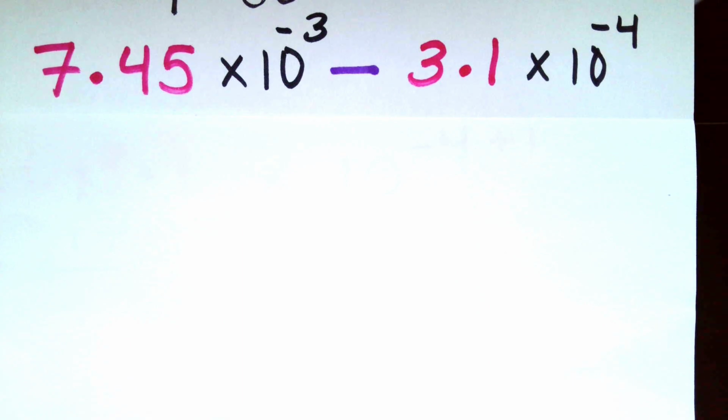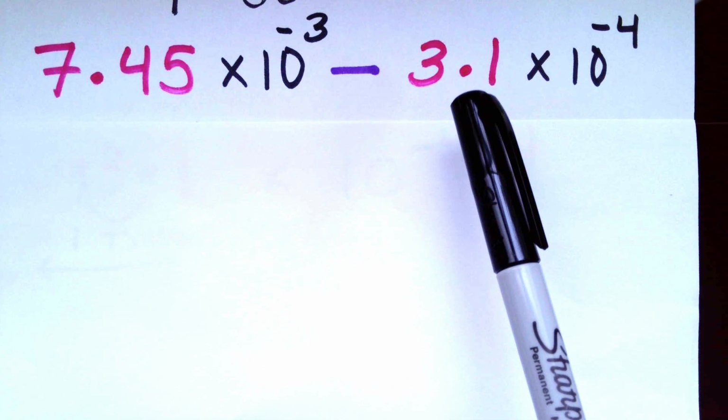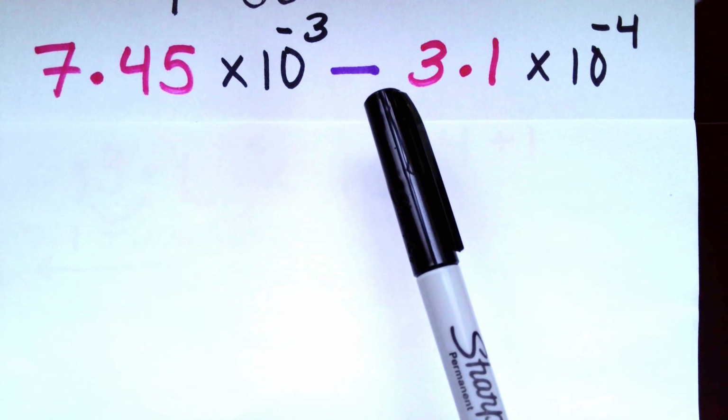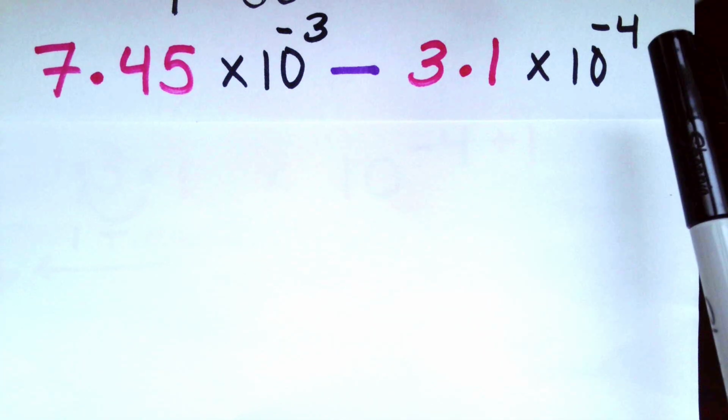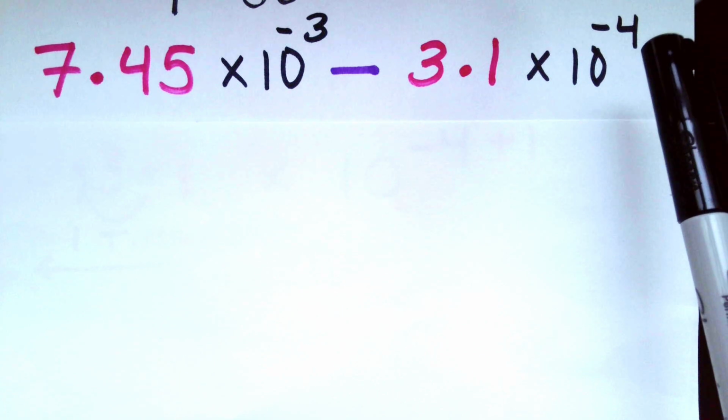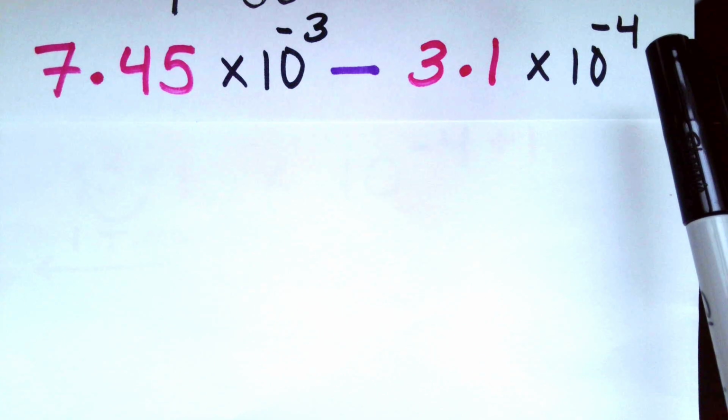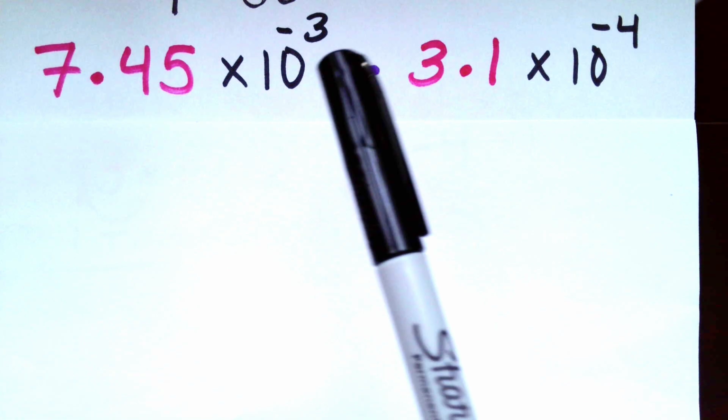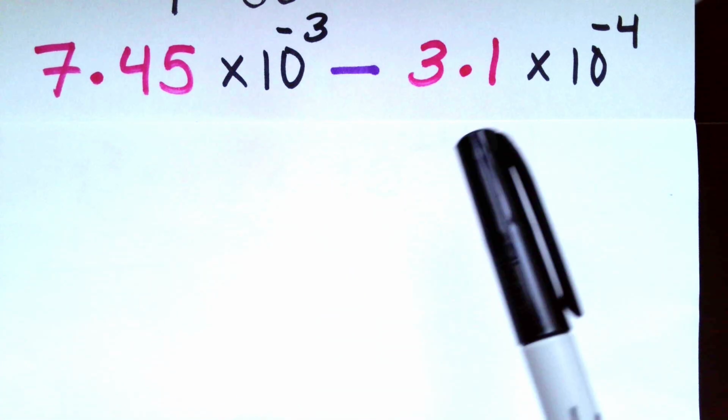exponential powers. Thinking to myself, I could take the coefficient 3.1 and move it to the left one time. I would then add a positive 1 to that negative 4. Negative 4 plus 1 is a negative 3. That would give me the same exponents.